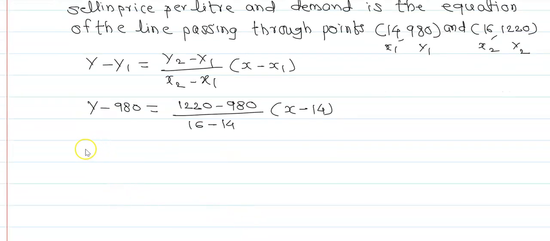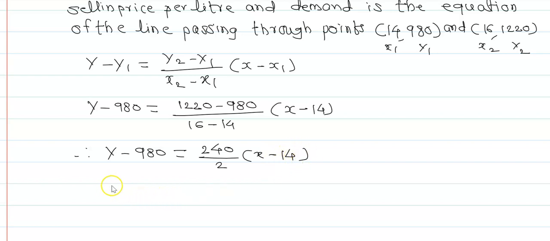After simplification, y minus 980 is equal to, 1220 minus 980 you will get 240 upon 2 in bracket x minus 14, and then the simplification: y minus 980 is equal to 120 in bracket x minus 14.